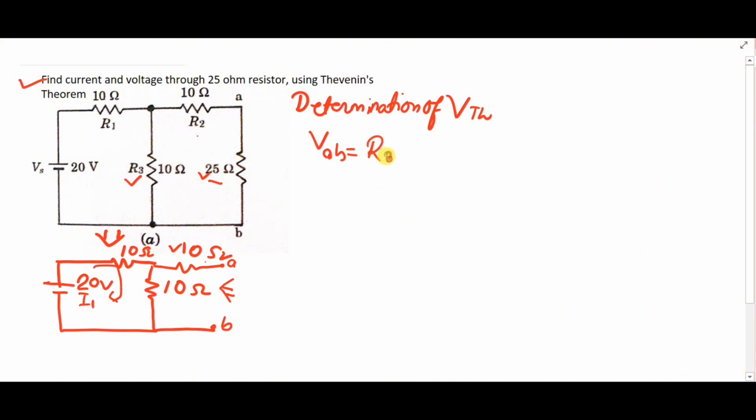voltage drop will be R3 into I1. Our task is to identify the current. You can easily notice that R3 is as it is, R3 into I1. If this section is open circuit, it's of no use, then the current flowing through this will be Vs upon R1 plus R3.